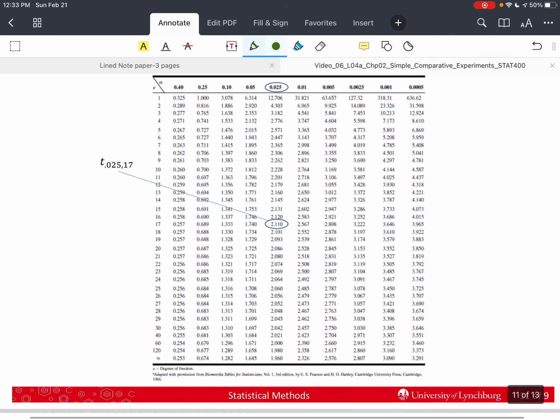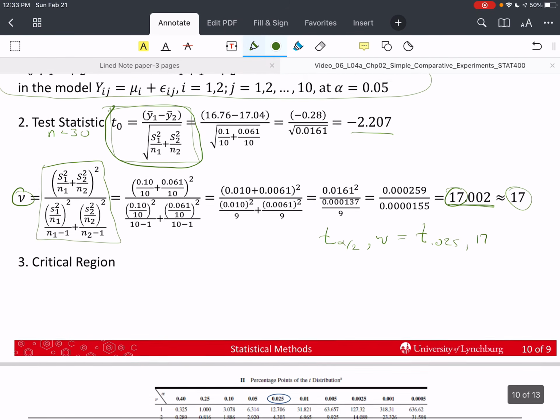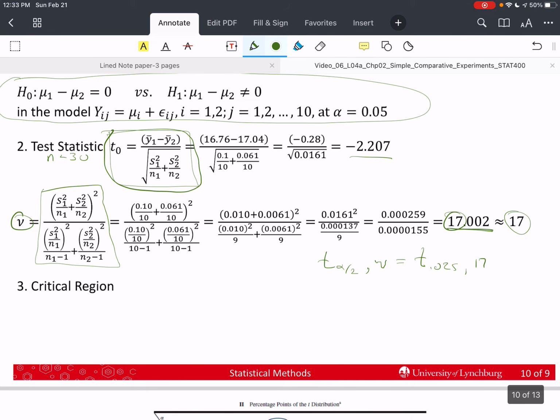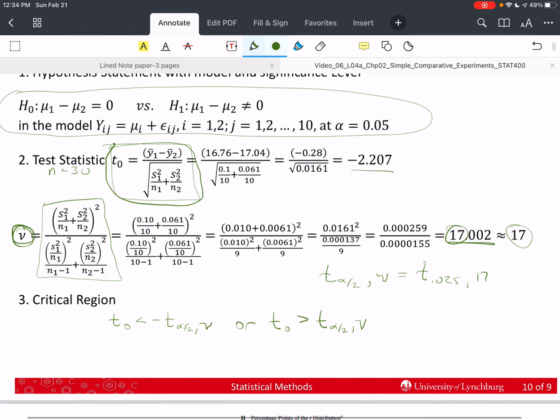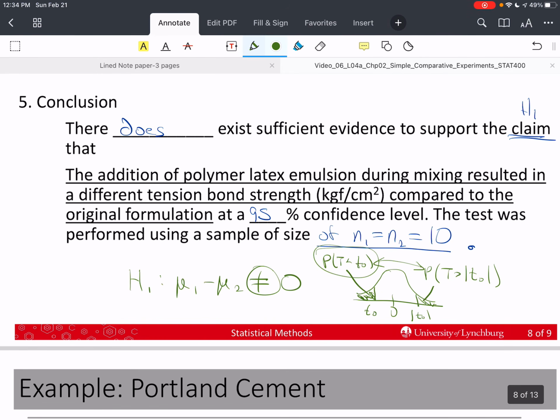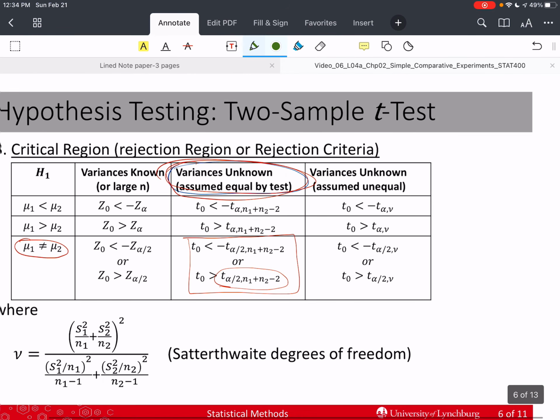Because our critical region is going to be t naught less than negative t alpha over 2, nu, where nu is given by this equation, or t naught is greater than t alpha over 2, nu. Where did I get this? From my chart that I showed you up here.